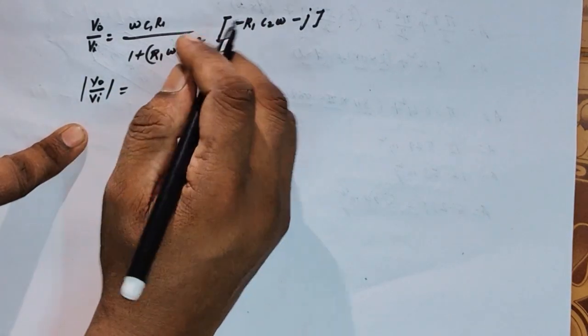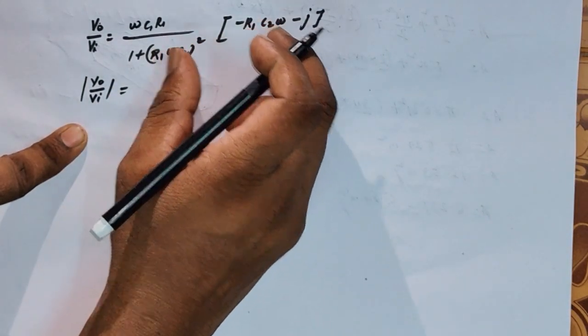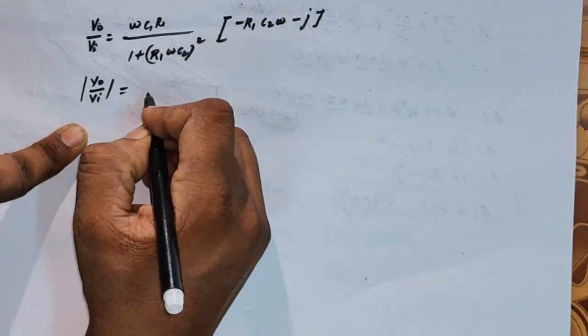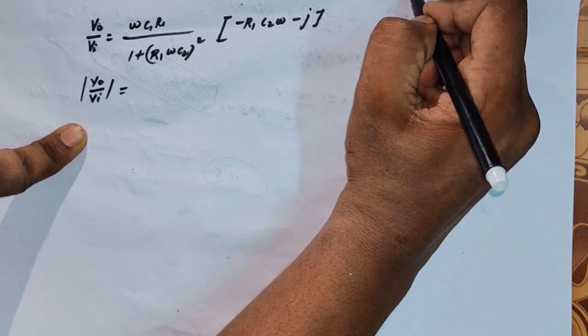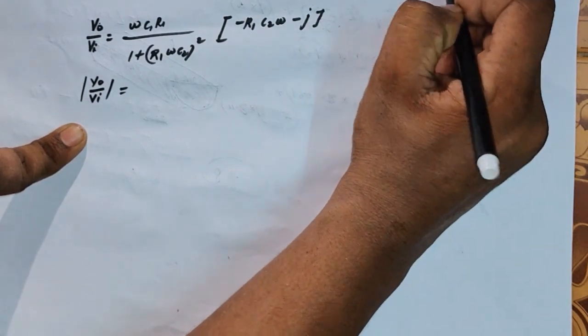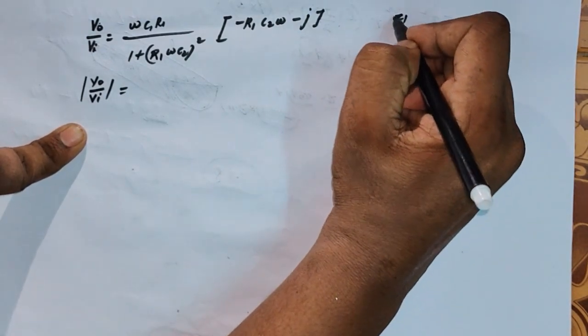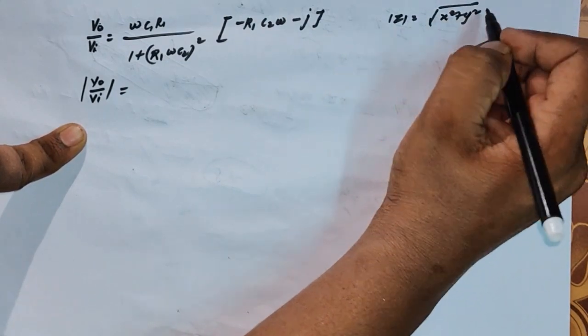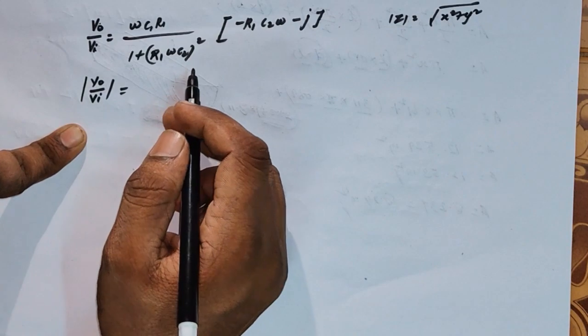If we take the modulus, we square the real part plus the imaginary part and take the square root. Suppose you have any complex number x plus iy, taking its mod means the square root of real squared plus imaginary squared. That's what we are going to do here.